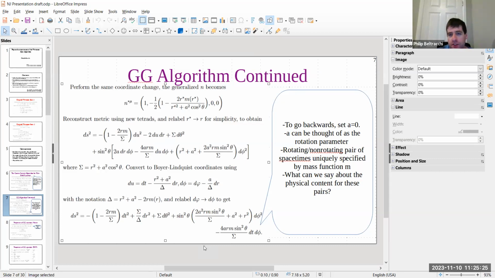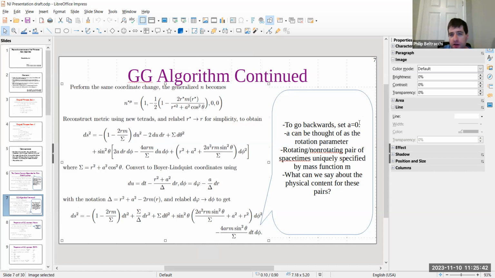But going backwards is very simple. If you take this rotating metric and you set a to 0, it goes back to the spherically symmetric metric. a can therefore be thought of as a rotation parameter.